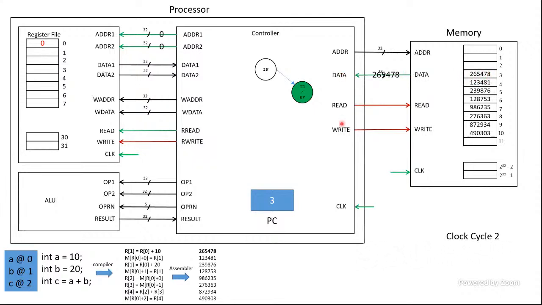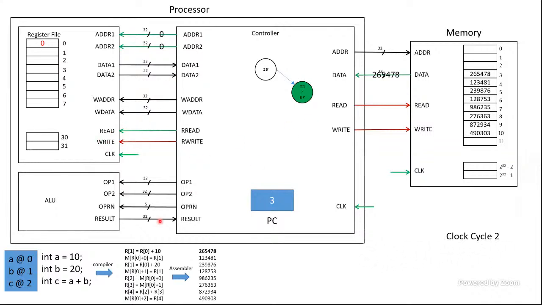It returns the data, and the controller puts the memory in the no operation mode, nothing read, nothing written at that point, and also parses and understands this machine code. And here it understands that, hey, I need to read from register 0. I need to retrieve the content. So in the same cycle, it puts the register file into read mode. Look at this, read equal to 1, write equal to 0.